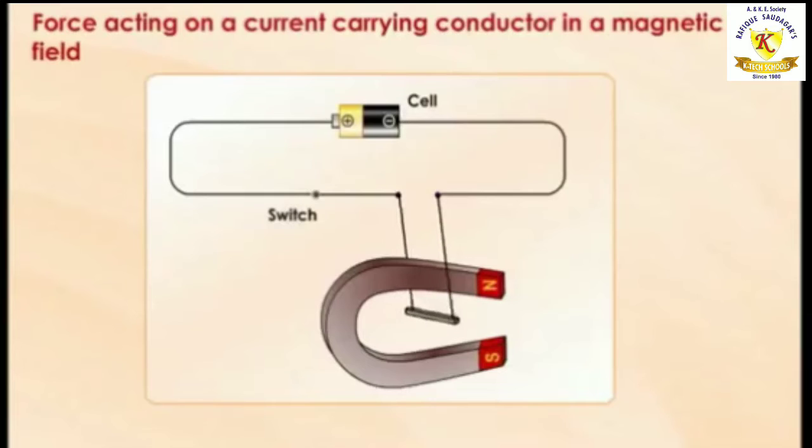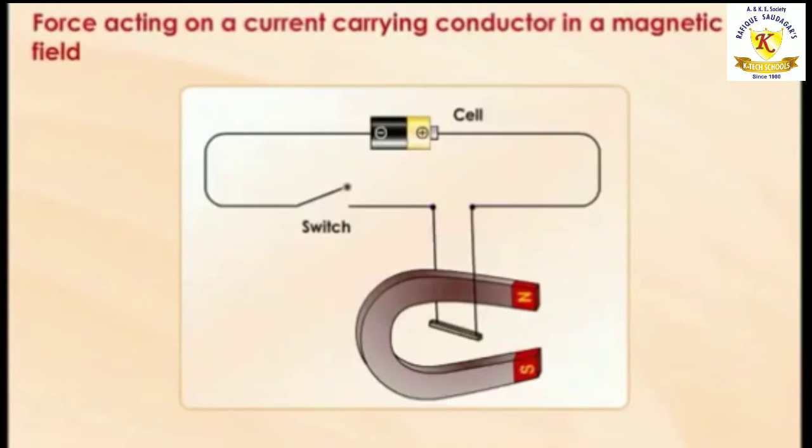It makes the conductor move perpendicular to the direction of the magnetic field. Hence, when a conductor carrying electric current is placed in a magnetic field, it experiences a mechanical force.